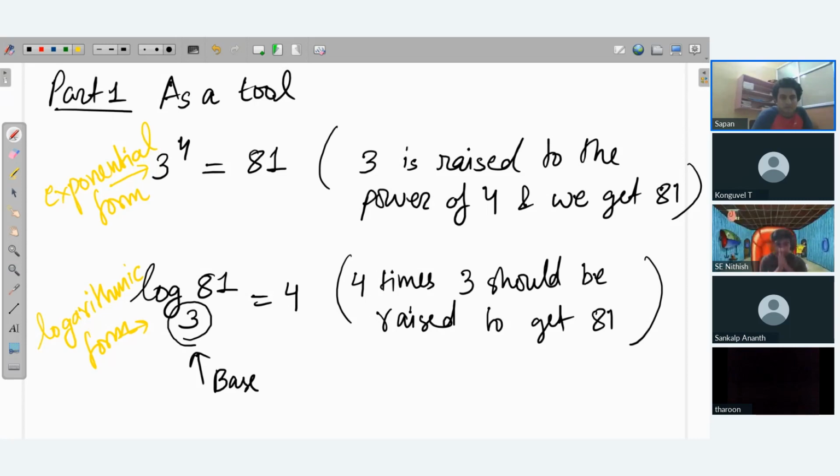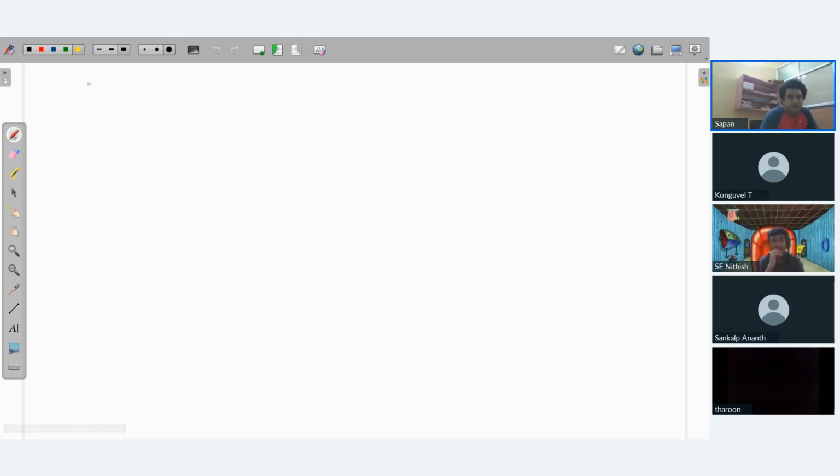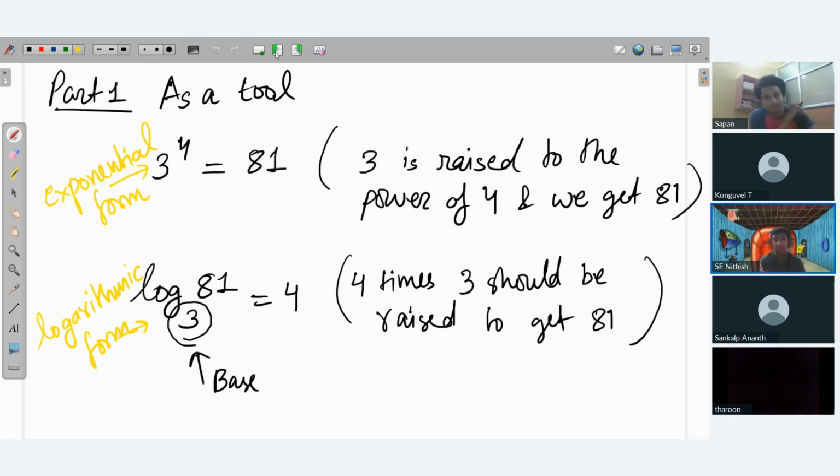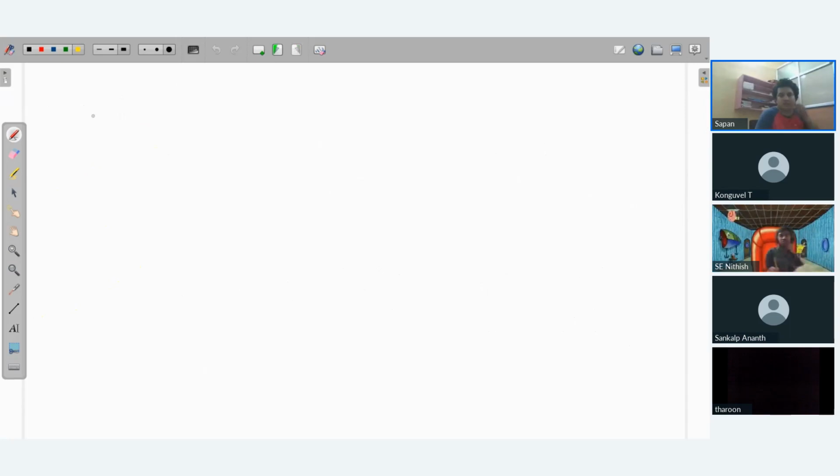Understandable? Power is repeated multiplication; this is like repeated division. So log 81 on base 3 means 3 should be raised 4 times to get 81.